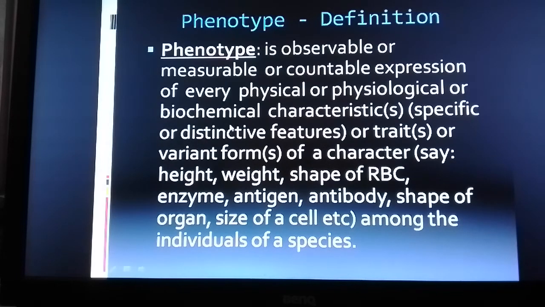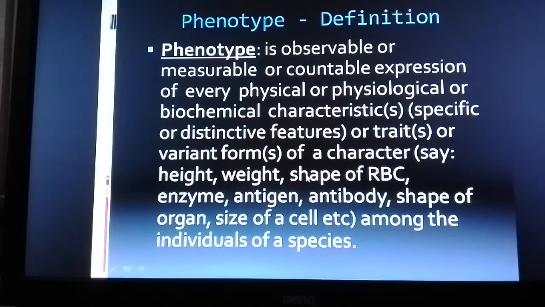So that way, a biochemical, you say the enzymes, hormones, antigen, antibody, whether they are present or absent. If they are present, you can go through the measurement, whether less, high, with this level, a higher level, that way. So all these may be called a phenotype.